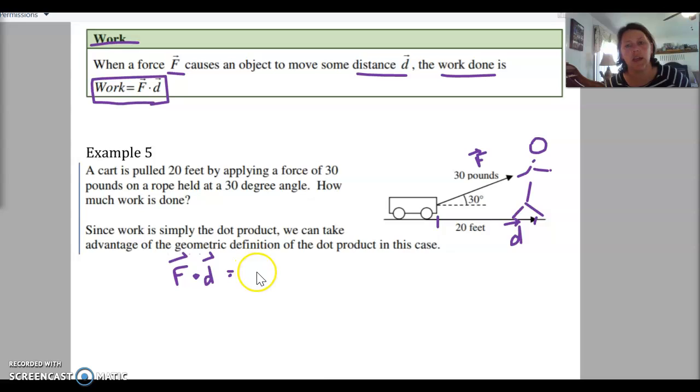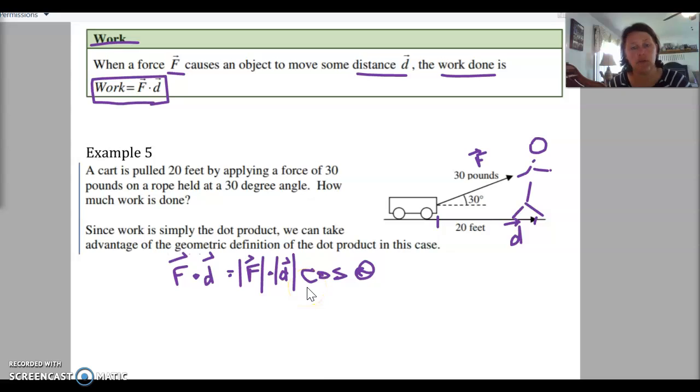And so we have the magnitude of the force vector times the magnitude of the distance vector times the cosine of theta, which, remember, theta is the angle between the two vectors.